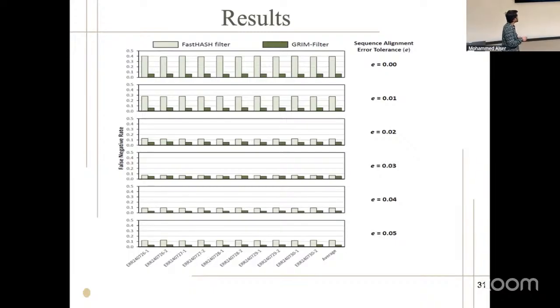You can see that for each error tolerance rate, the false negative rate is very low compared to the FastHASH filter. Even at high error tolerance rates, we get a much better result for GRIM-Filter, a very low false negative rate.